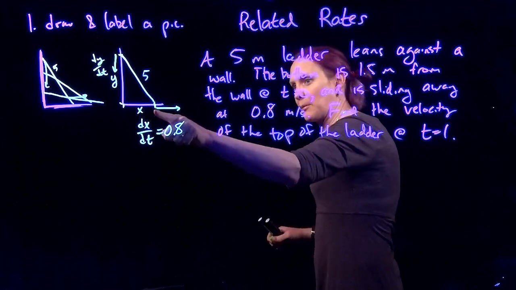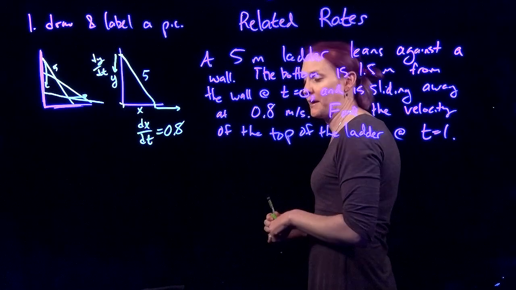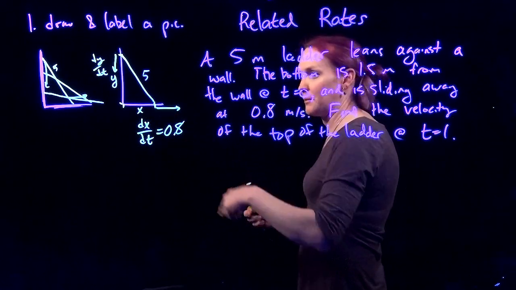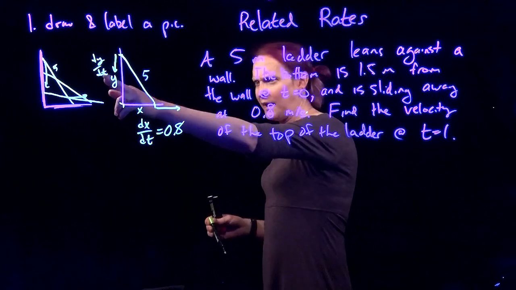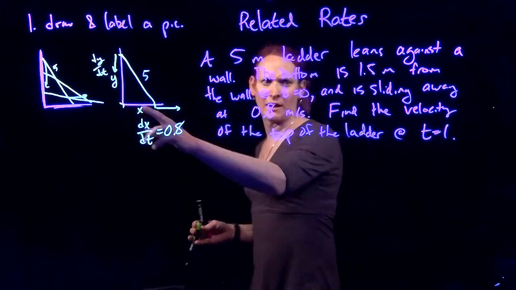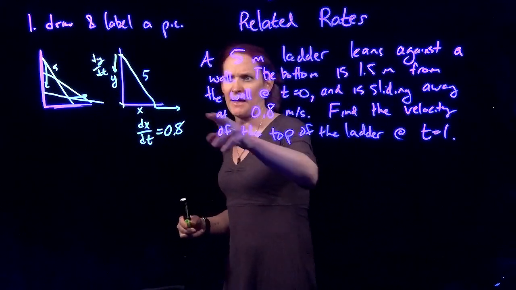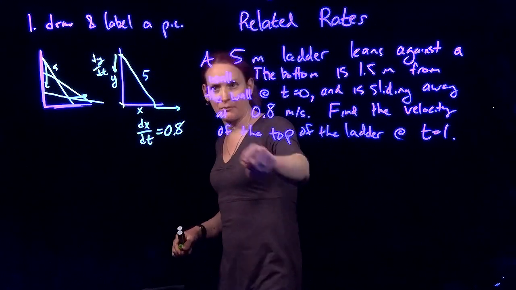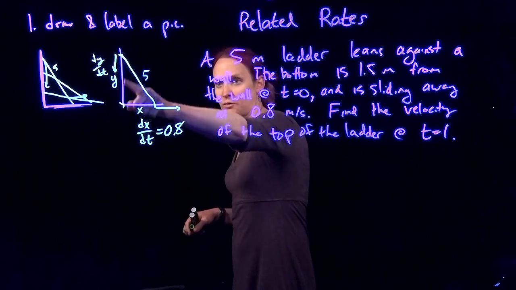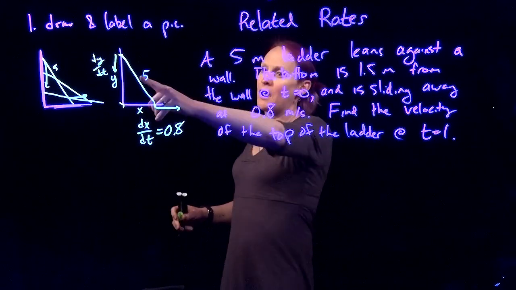This arrow represents that this is moving at 0.8. So then dy/dt. Well, okay, find the velocity of the top of the ladder. Y represents the position of the top of the ladder, so its velocity is moving strictly down because the bottom is pushing away.